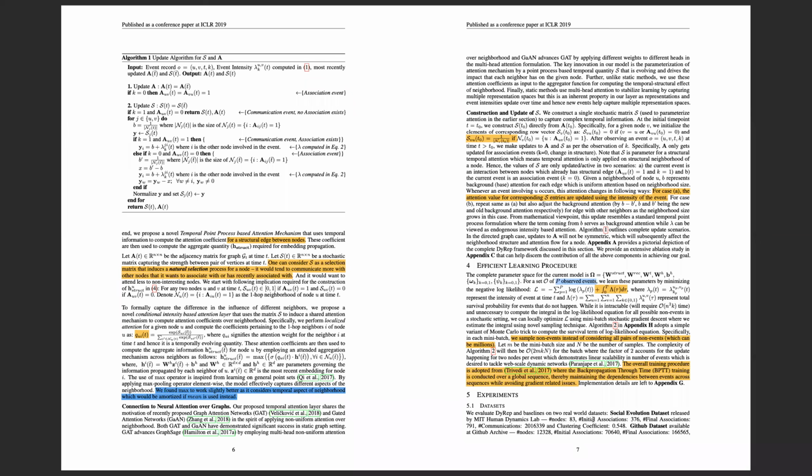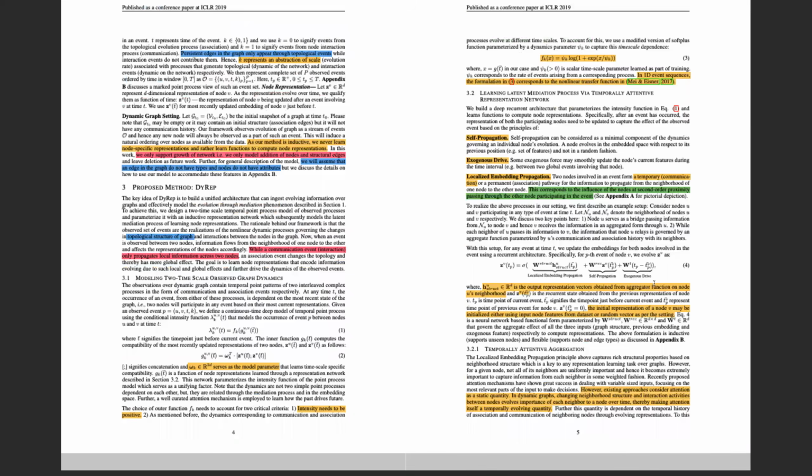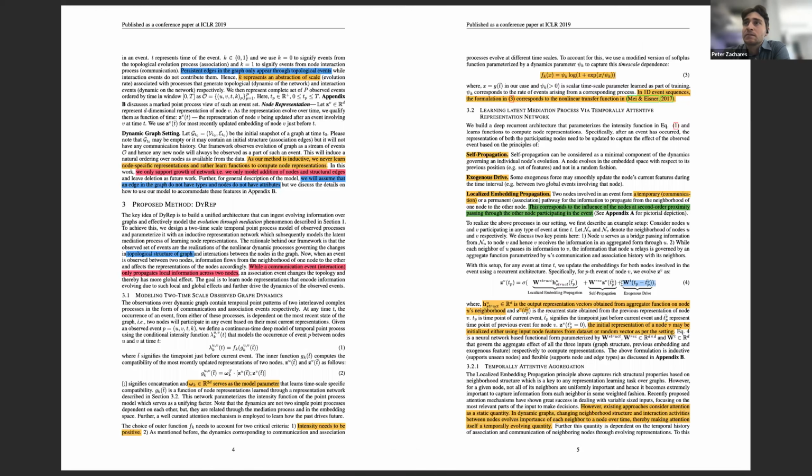So for the question about the exogenous drive, I was wondering, if you remove this, is this just basically a discrete time system then, without the exogenous drive? Because this is the only place where time interval seems to play a role. That's a good point. I didn't think of that.